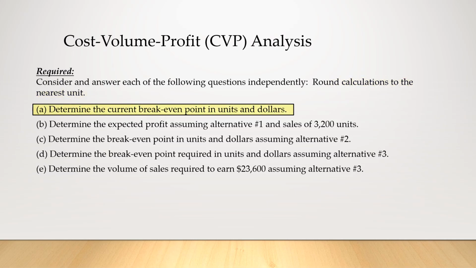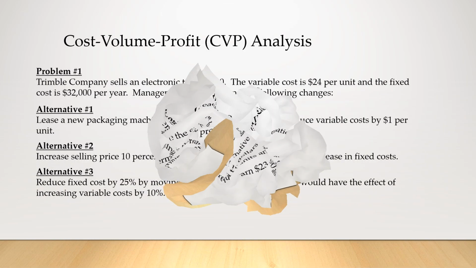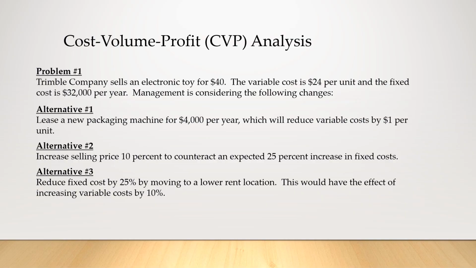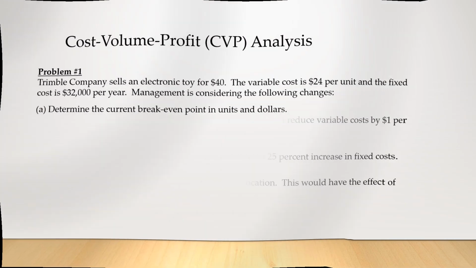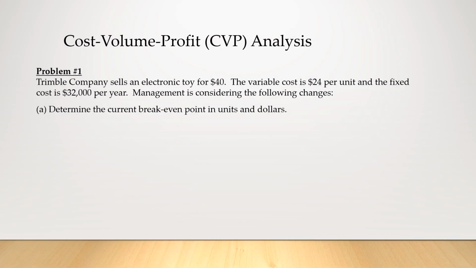Letter A. Determine the current break-even point in units and in dollars. Here, we're just using the information given in the problem without considering any of the 3 alternatives. Our formula for the break-even point is fixed costs divided by the unit contribution margin.